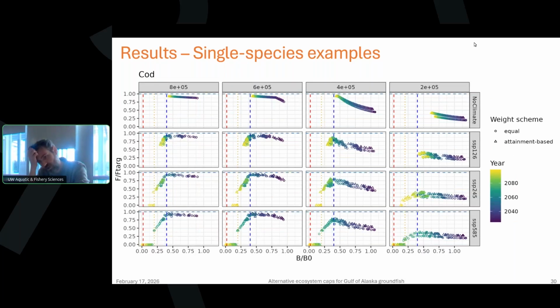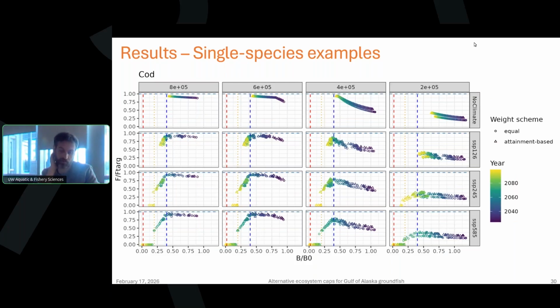One thing that I wanted to show was what happens to the HCR shape as you apply these different caps. This is the realized shape of the harvest control rule for Pacific cod, and the leftmost column is the status quo, where you have no cap.